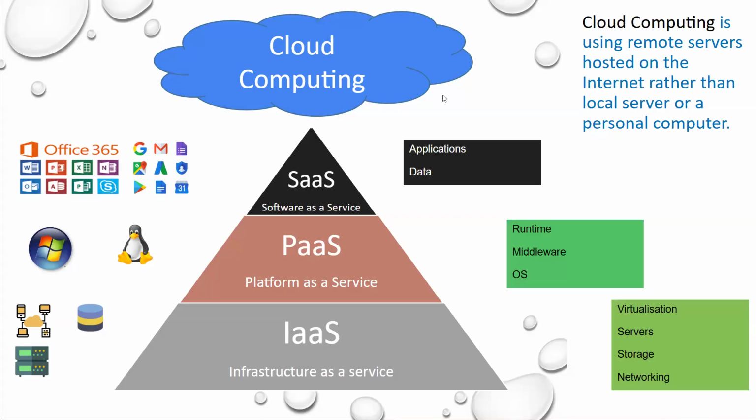Now we install our application or ERP system. Now we don't need network managers and security experts, right? We need only a software development team, and we can say DevOps, right? Now this is the next level, platform as a service.